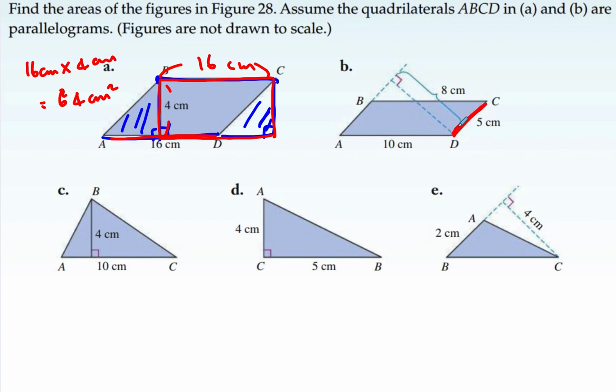So the base is 5, and the height is 8. So don't be confused with that and the base of 10. This height is the height of this base, right? So we can do base of 5 times height of 8, and both are in centimeters. So it will be 40 square centimeters.